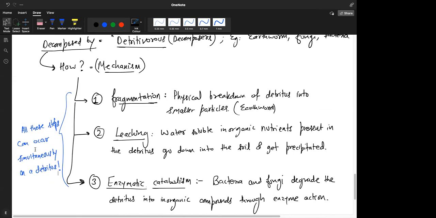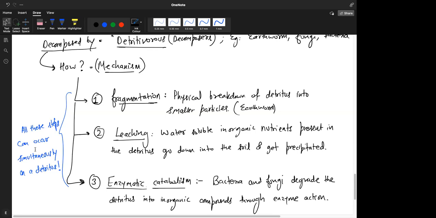Another thing is that not all detritus is water soluble and very easy to decompose. Some detritus is very resistant to microbial action.